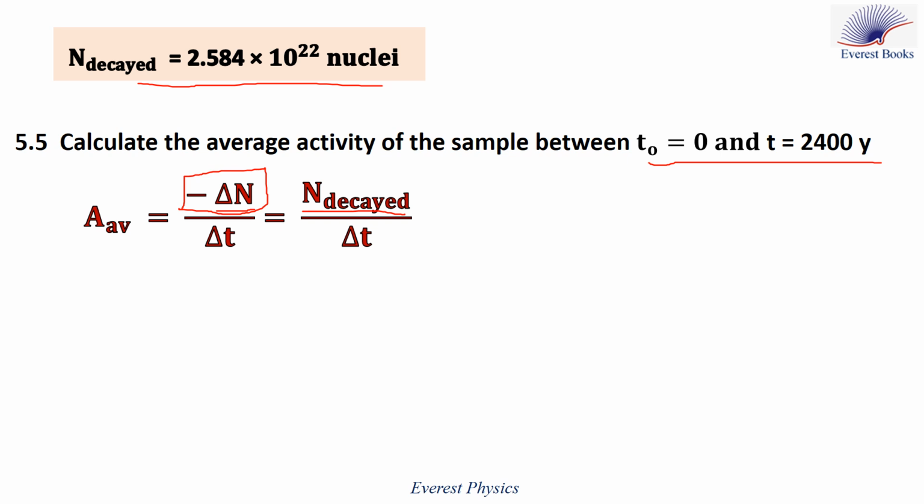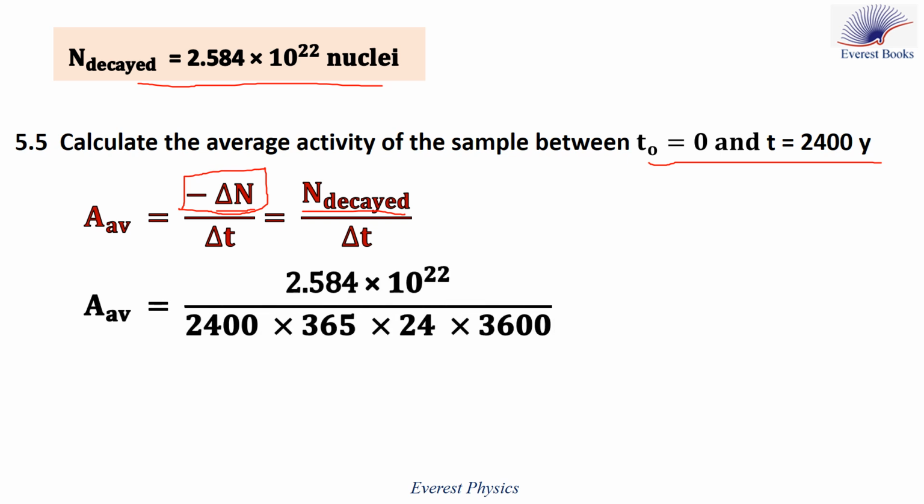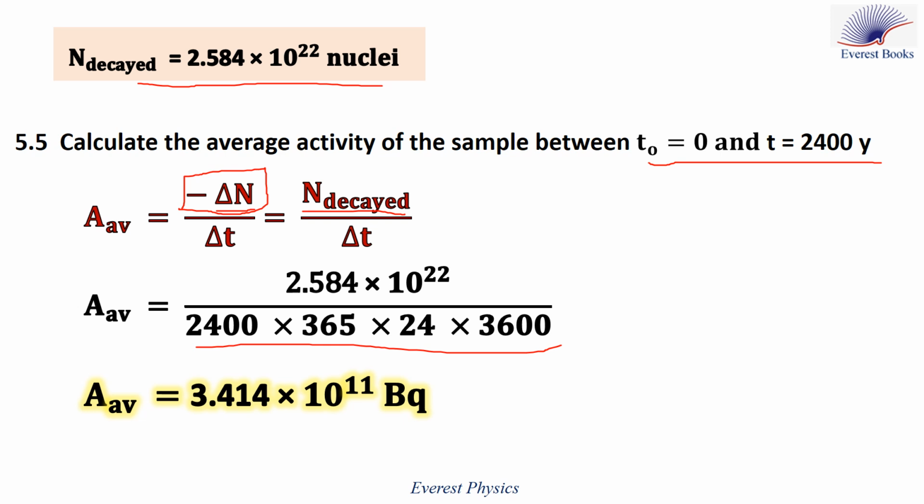To obtain the average activity in becquerel, we need to convert the time into seconds. By replacing the decayed nuclei and delta t by their values, we obtain the average activity in becquerel.